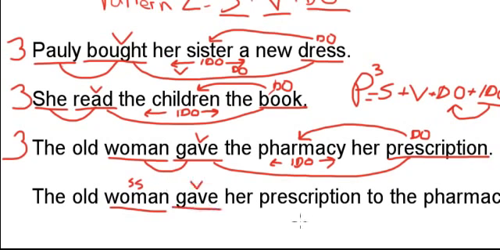Woman gave what? She gave her prescription. So it's a DO, just like in this sentence. However, this here is a prepositional phrase. So in this sentence, this word here is an object of the preposition, not an IDO. An object of the preposition is a noun or a pronoun that completes a prepositional phrase.